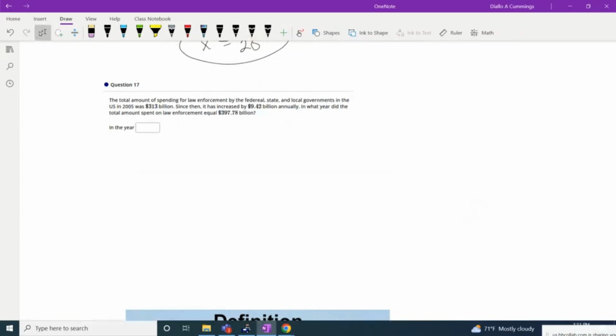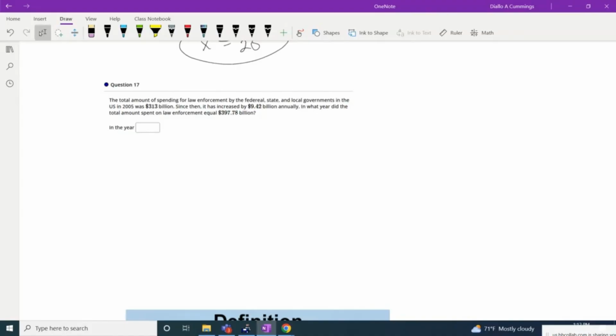All right, so it's another word problem, and it states that the total amount of spending for law enforcement by the federal, state, and local governments in the year 2005 was $313 billion.